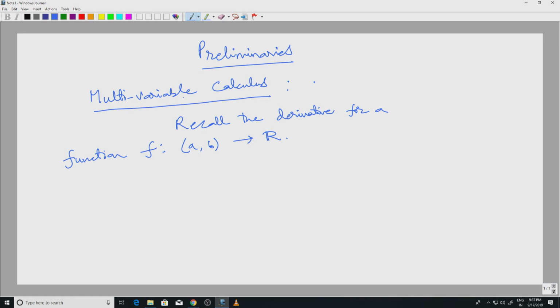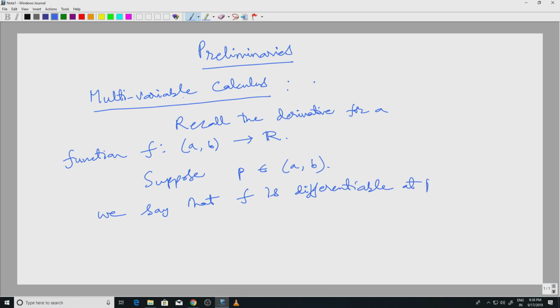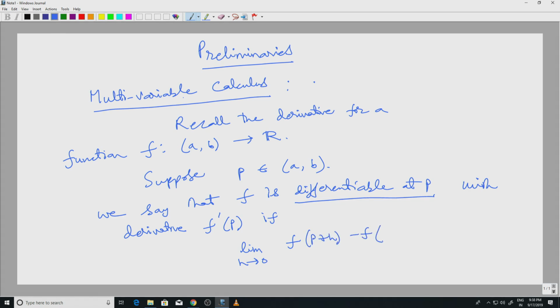If I have a real valued function f of one real variable defined on an interval (a, b), and suppose p is a number lying in this interval, we say that f is differentiable at p with derivative f prime p if the limit as h goes to 0 of (f(p+h) - f(p))/h equals f prime p.